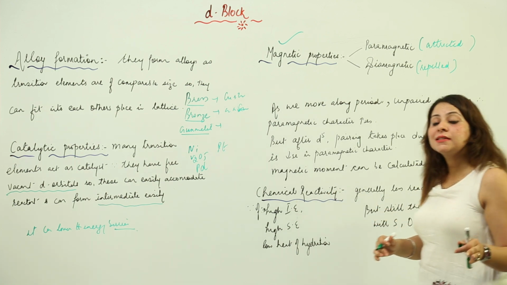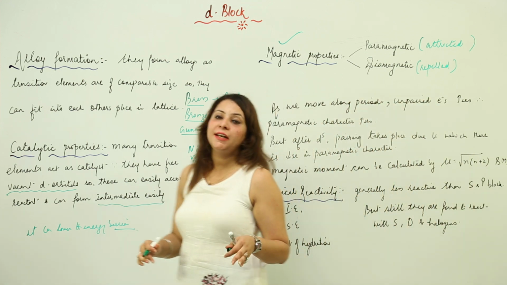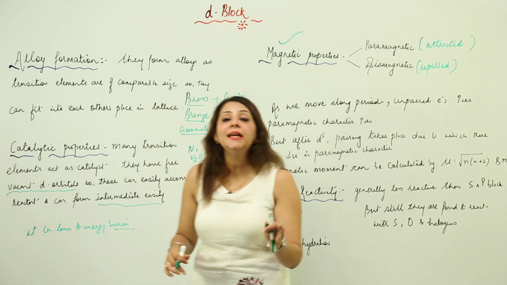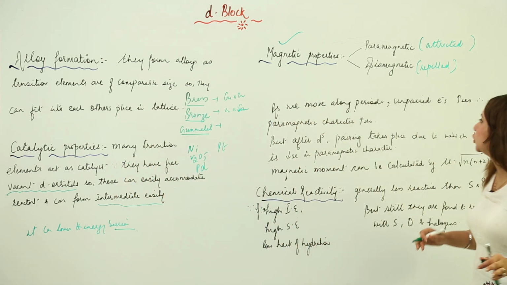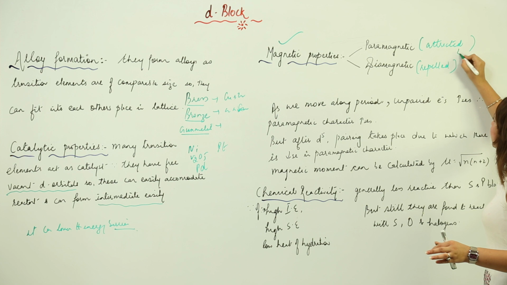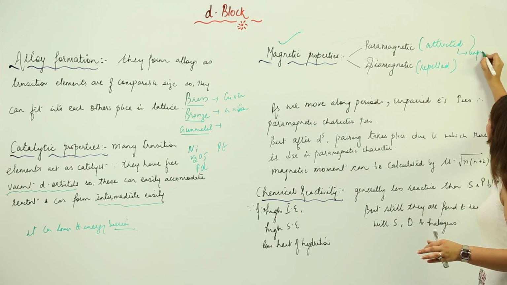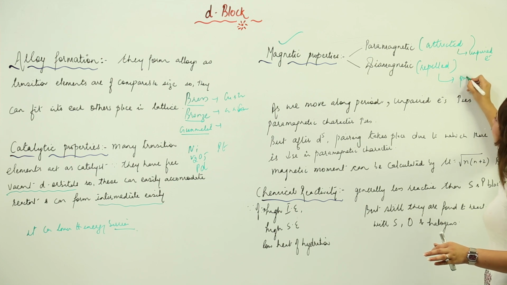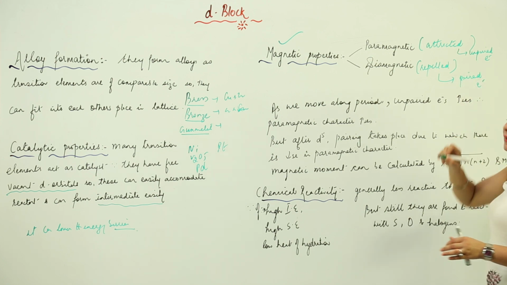Now what suggests that the substance is going to be paramagnetic, or diamagnetic? It is only the electrons. For paramagnetic character, the substance should have unpaired electrons, and diamagnetic behavior is shown by paired electrons.